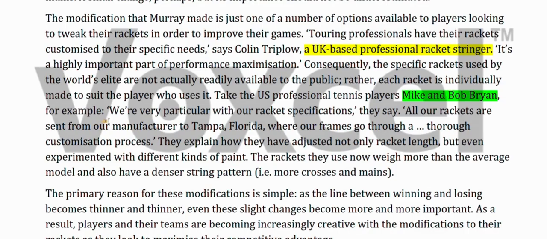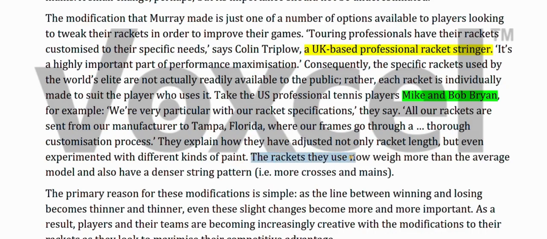Mike and Bob Bryan, for example: we are very particular with our racket specifications. All our rackets are sent from the manufacturer to Tampa, Florida, where our frames go through a thorough customization process. They explain how they have adjusted not only racket length but even experimented with different kinds of paint. Now here is our answer.